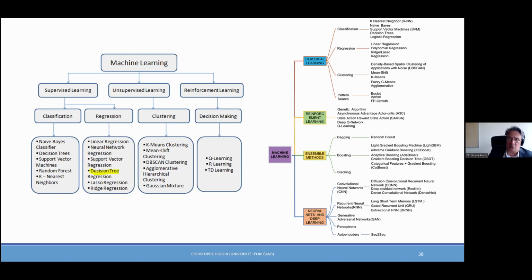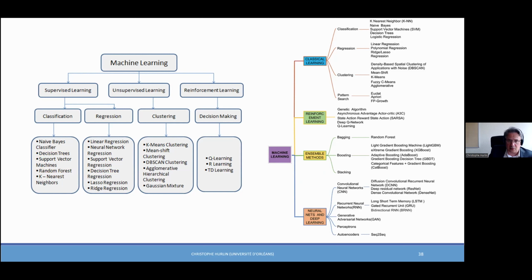For classification, you will find the decision tree, the support vector machine, and random forests. The random forest can also be an algorithm for regression; this is a typo here. The random forest can be used for regression, but also for classification. I will present what a random forest is.